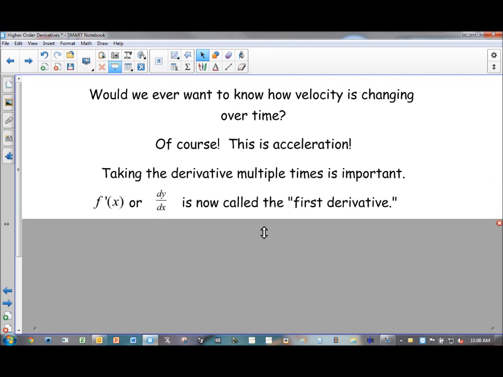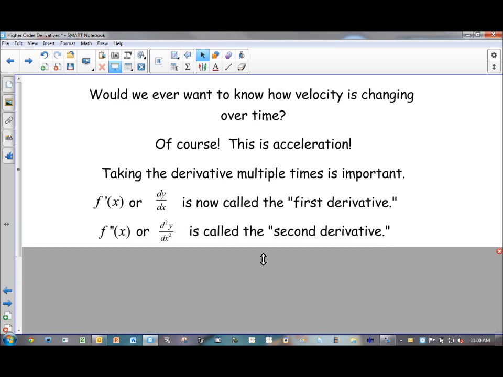So this notation you're familiar with, f prime of x or dy dx, used to be called the derivative, but now we'll call it the first derivative since we're only taking the derivative once. If I take the derivative again of that resulting function, that's going to be represented like this: f with two tick marks, which I will say f double prime, or d squared y over dx squared.